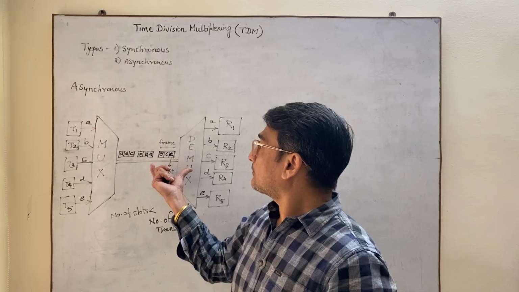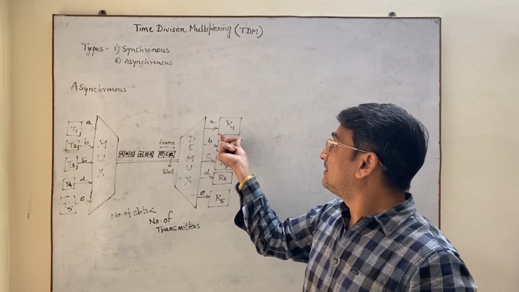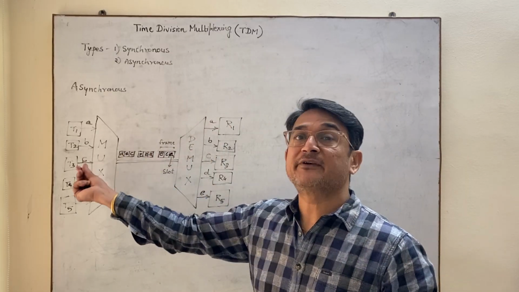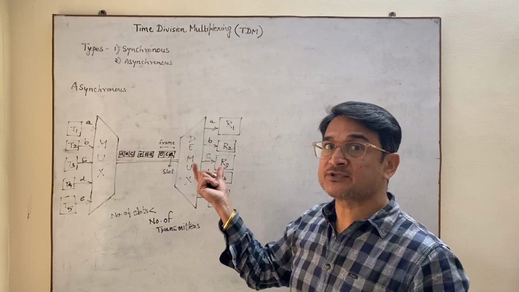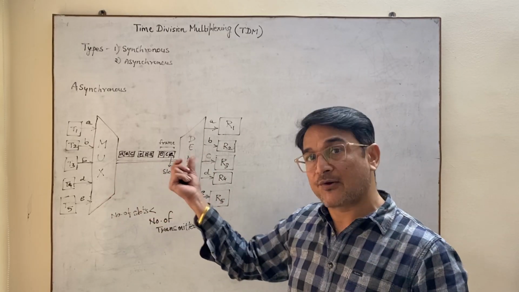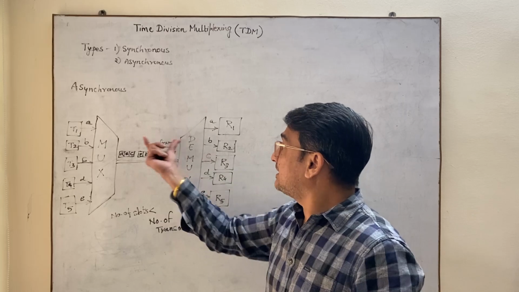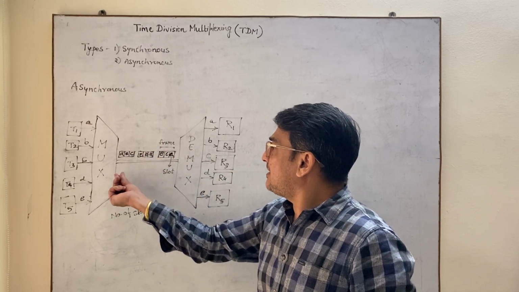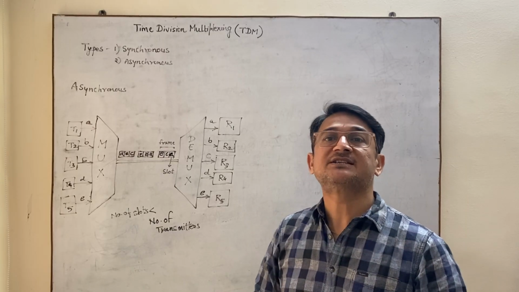Now, in the previous case, that is synchronous TDM, we saw that receiver 1 knows the first slot of every frame is its data, and receiver 2 always knows that the second slot is its data. But in this case, you can see that any slot can be filled with any data, because we need full utilization of the bandwidth.